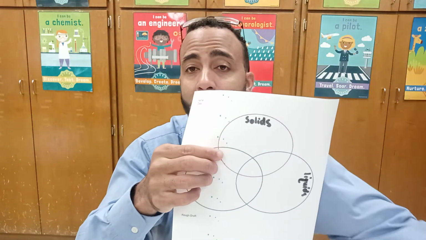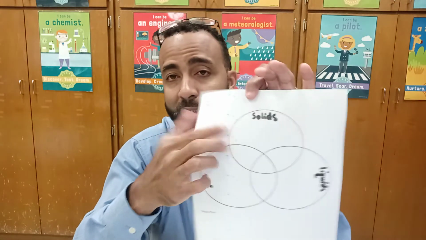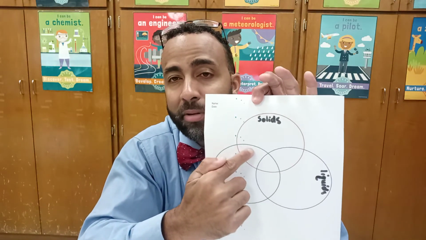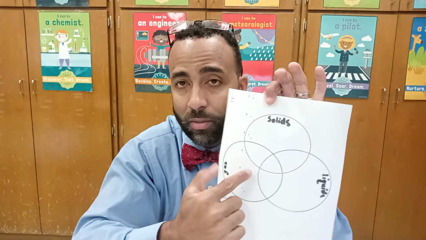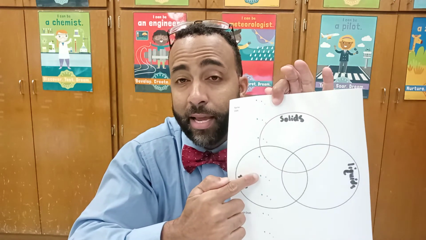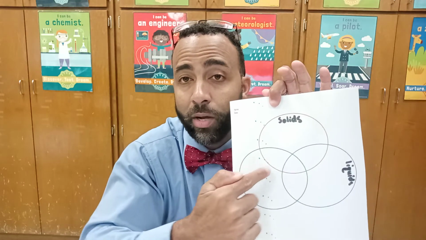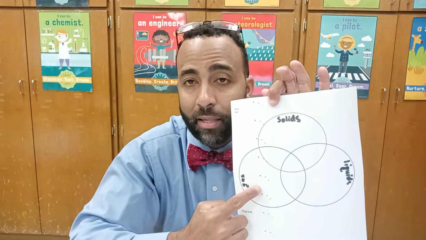But in the circles that are shared, like this piece right here, that's where we're going to put the things that are common between solids and liquids. So any characteristic that's the same between a solid and a liquid goes right here. Any characteristic that is the same between a liquid and a gas goes right here. Any characteristic that is the same or common amongst a gas and a solid goes right here.